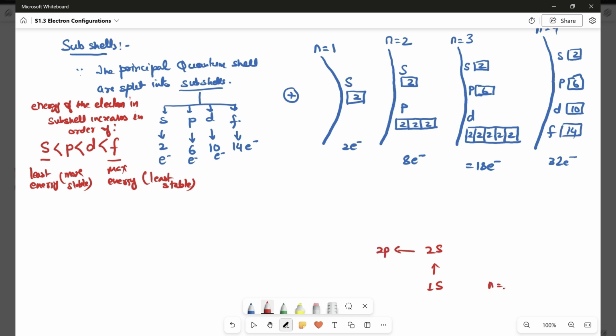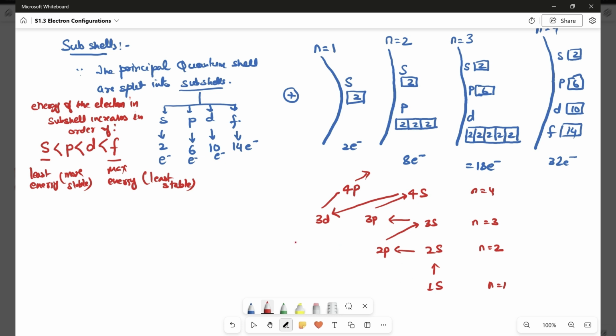This is n equal to 1, this is n equal to 2. Then after 2p it will go to 3s, from 3s to 3p, from 3p to 4s, from 4s again to 3d, and from 3d to 4p, and in this way it will keep on going, right?